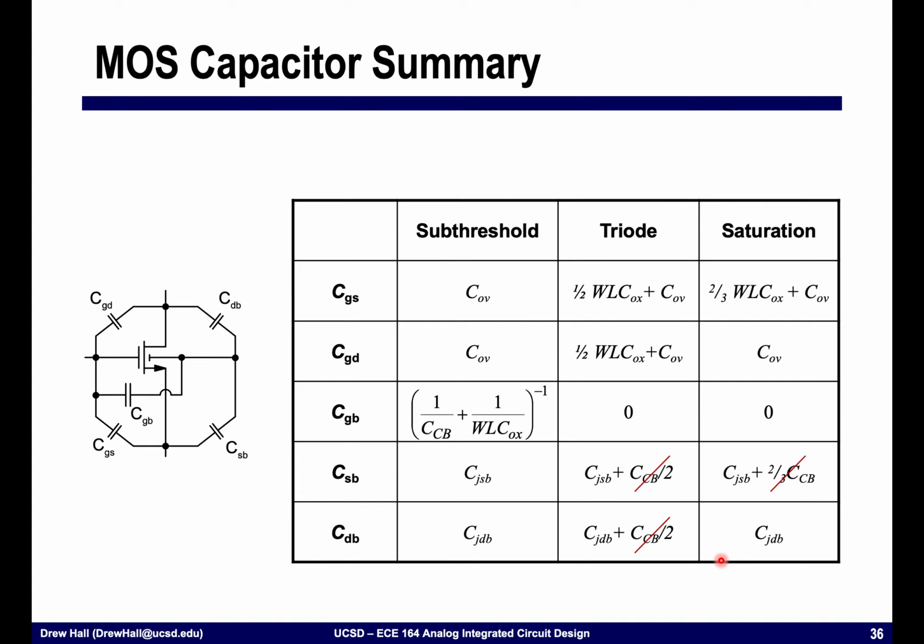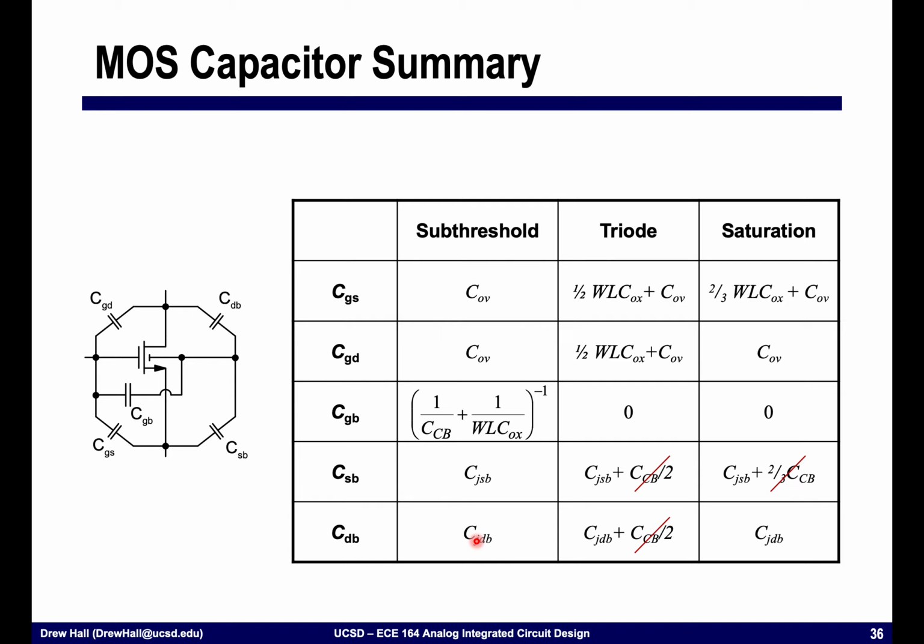All right, so now if we add these into our table of capacitors, you'll see that in subthreshold, we've added these overlap capacitances here. In triode and saturation, similarly, we've added the overlap capacitance. We now have a capacitance between the source and the body and the drain and the body. This is our junction capacitance.